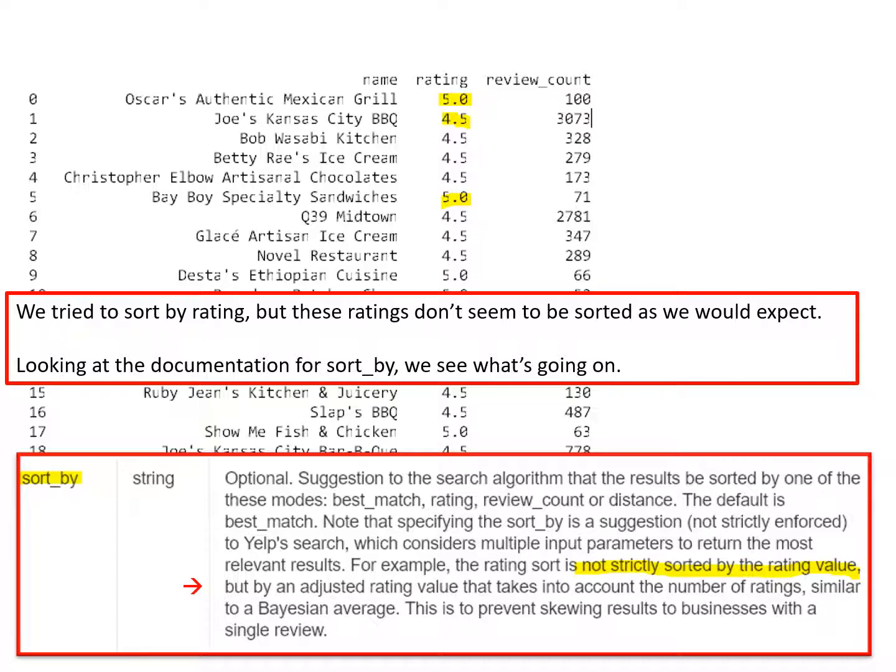So that's why it might not look like it's sorted by rating strictly, but they took into account, using an algorithm that's behind the scenes that you don't have to worry about, what they think is the order that we would care more about. So anyway, that's why it might not appear to be in order like we would expect.